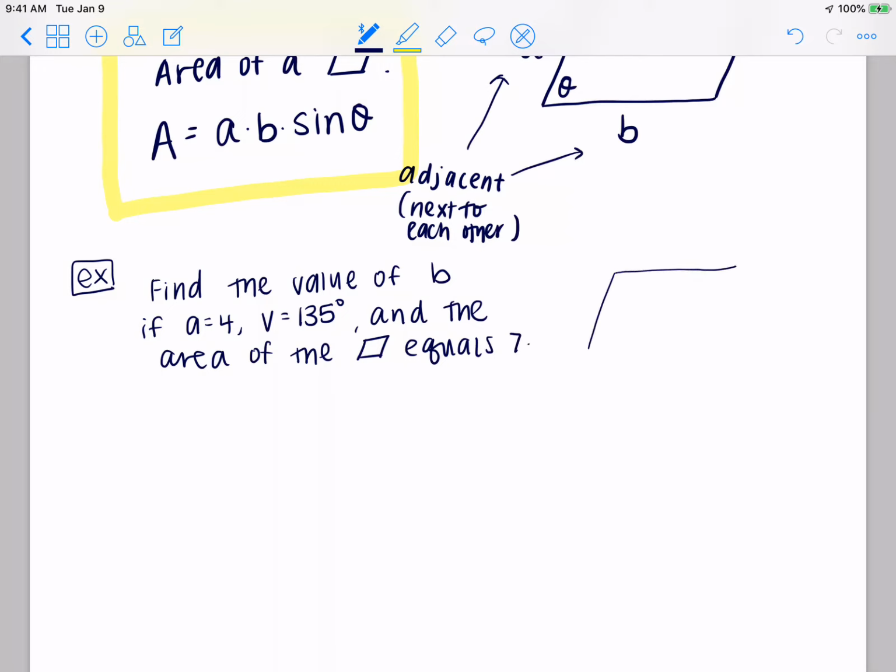Definitely you need to know where these items are at. I think the picture that they give you the most, if this is a, this is a, this is b, b, and you have u and v right here. We really only need our a, b, and our v.